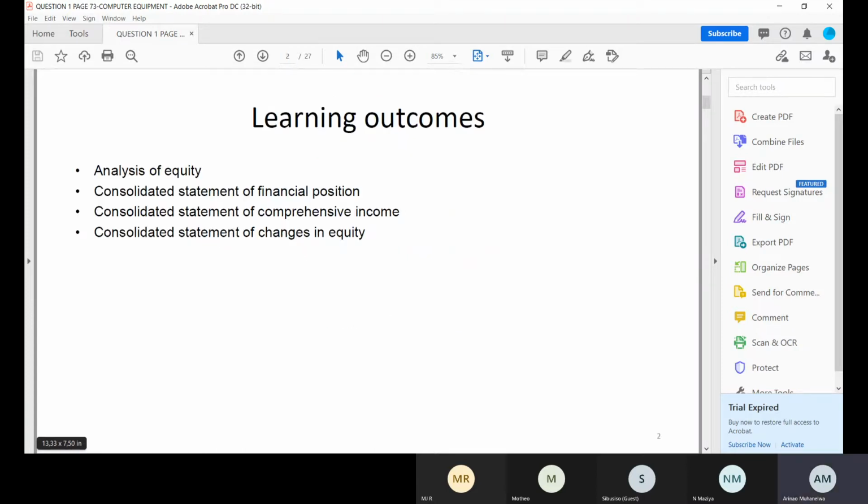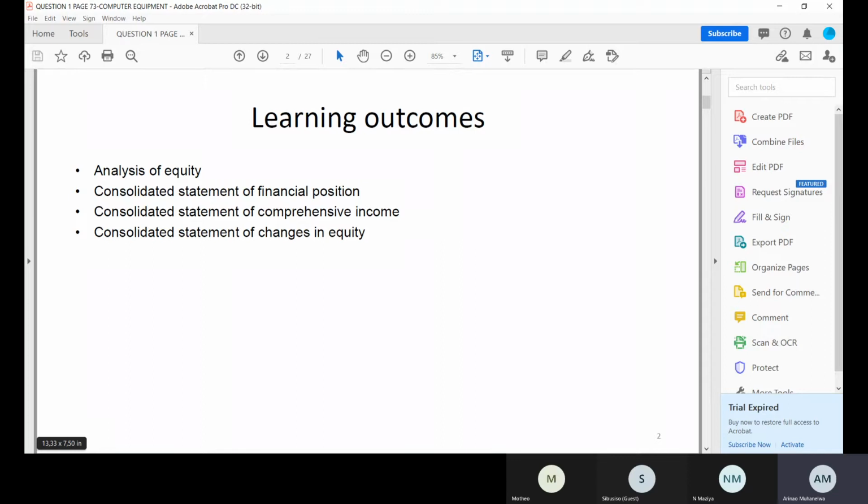All right, just to recap what we did on Monday: when it comes to consolidation, you will be expected to know how to prepare the analysis of equity. This is the analysis of equity of the subsidiary, so you should be comfortable preparing the analysis of the subsidiary acquired.